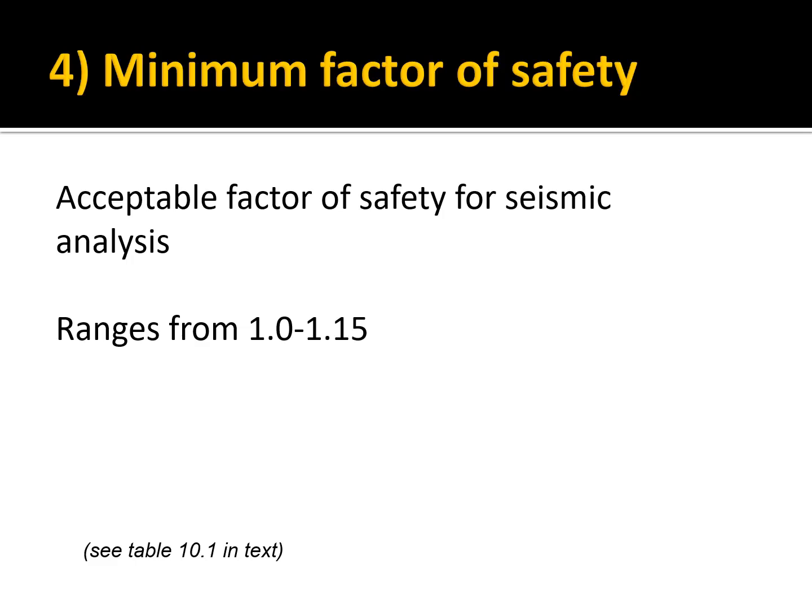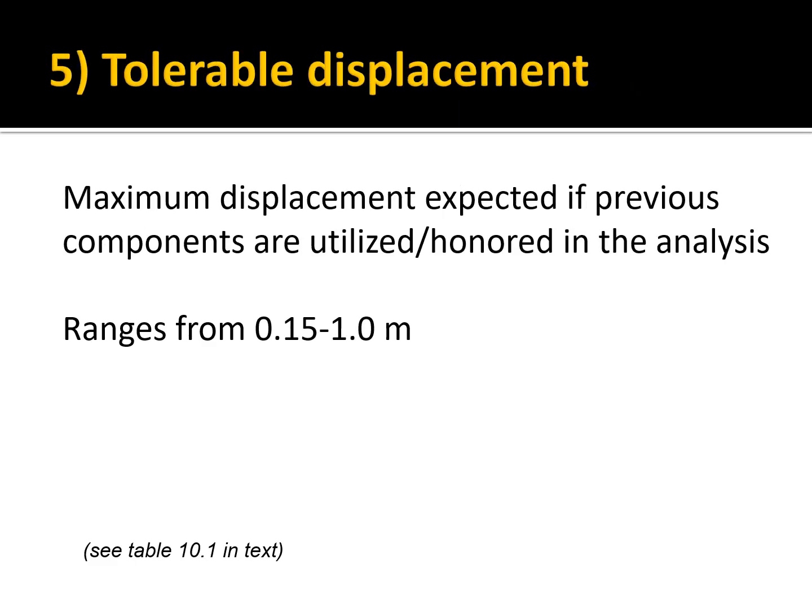Now, you might think, boy, that's a really small factor of safety. Yes, but remember we're considering something that doesn't have a very large probability of happening. And we also have some built-in factors of safety in the way in which we come up with the coefficients and reduce the strength. And so this is typically the range of factor of safety that's suggested.